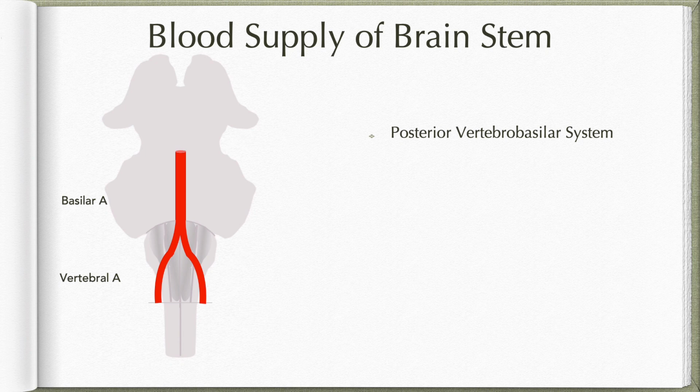First, let us look into the branches given by the vertebral artery. The major named branches given by the vertebral artery include the right and left anterior spinal arteries, which soon join together to form a single midline anterior spinal artery, which will be descending along the anterior median fissure to supply the anterior part of the spinal cord.